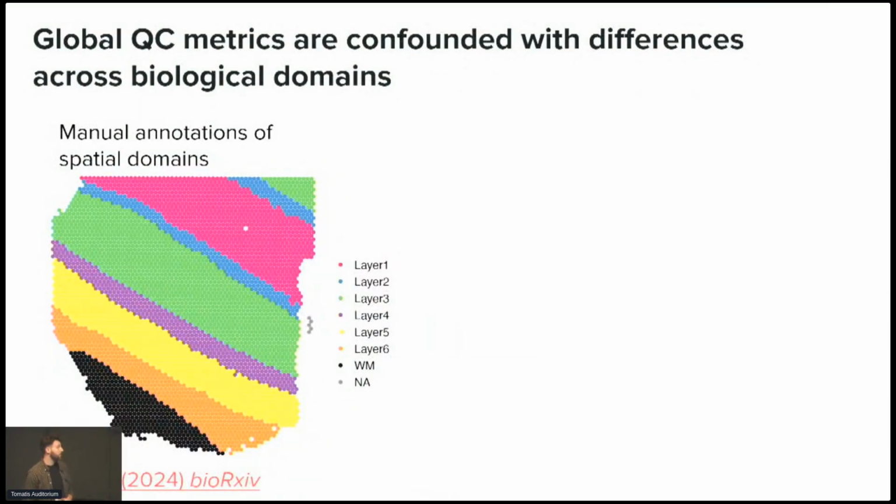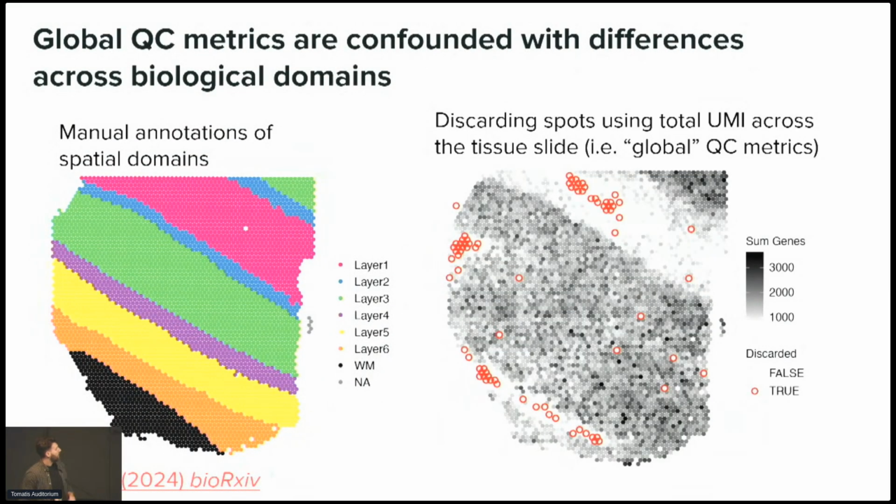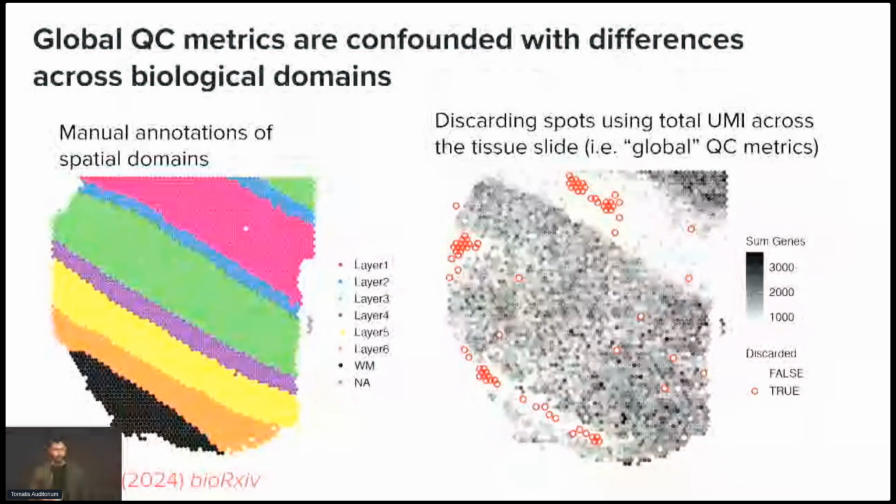Sure enough, if we do this, we can see here, this is a Visium data set from the human cortex showing these 6 different layers, as well as white matter. Within these layers, there are different densities of cells. Layer 1 and white matter in particular have very low or even no cell bodies at all. So you would expect the library size to be much smaller in these layers.